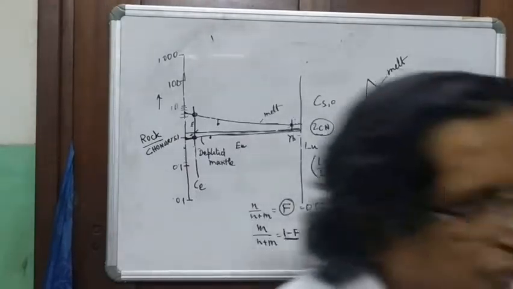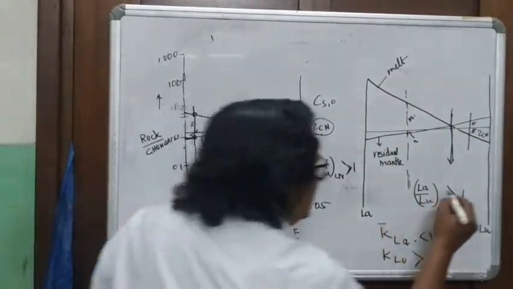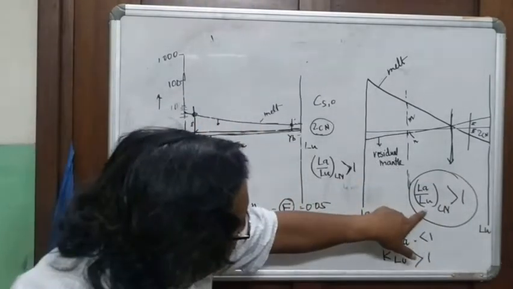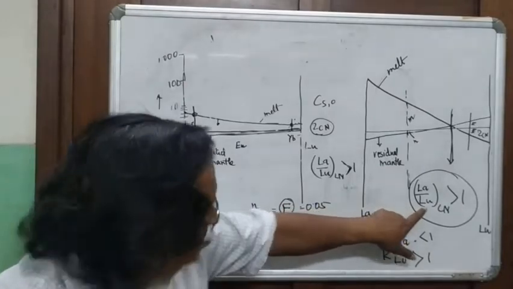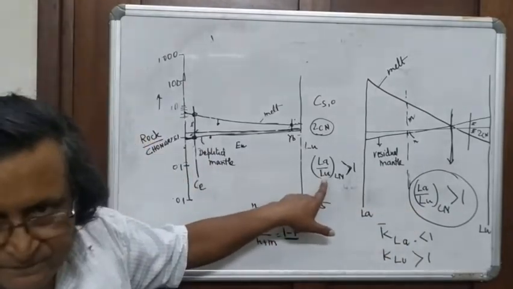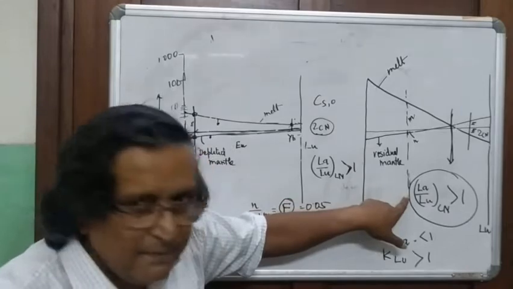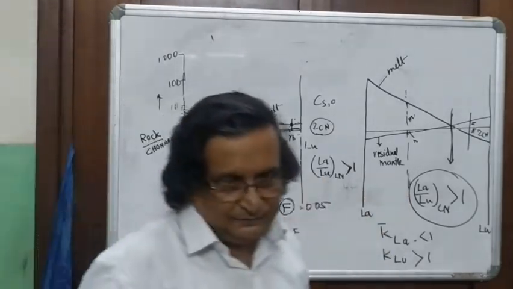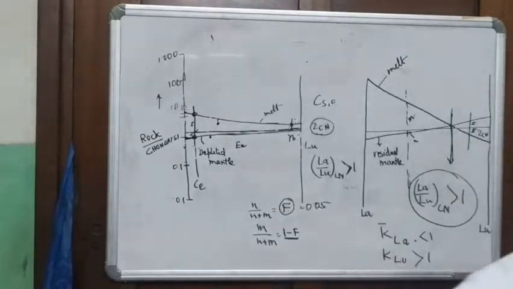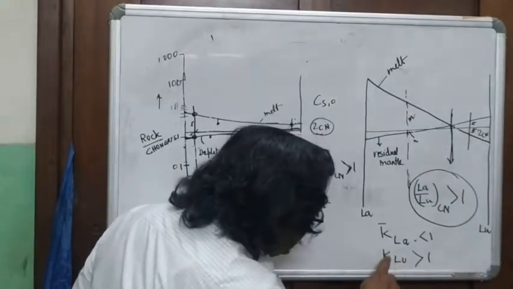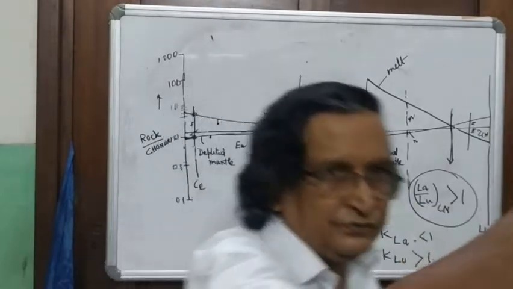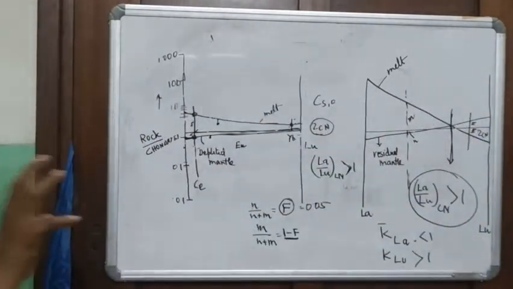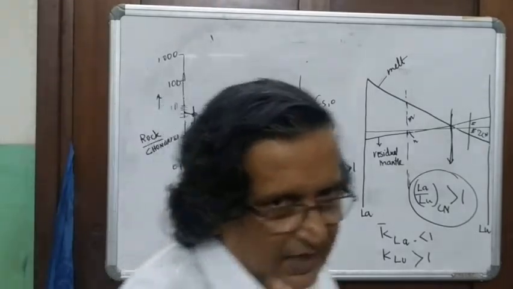The only important thing is, for garnet bearing peridotite, this value will be much, much larger than this value. Why? Because the differences in partition coefficient are stronger. Have you understood? That is very, very important to realize.